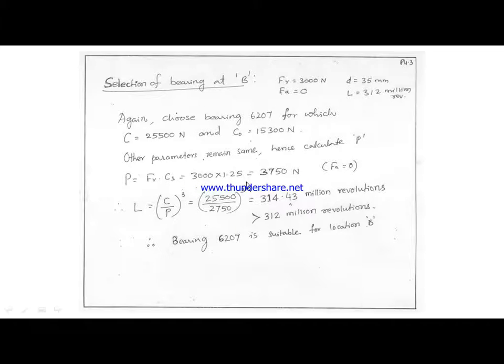Service factor is 1.25, so P is 3750 Newton. FA is equal to 0 here. So calculate the life, which is 314.43 million revolutions, again greater than the expected life, 312 million revolutions. Hence here also at location B, bearing 6207 is a suitable, appropriate bearing.